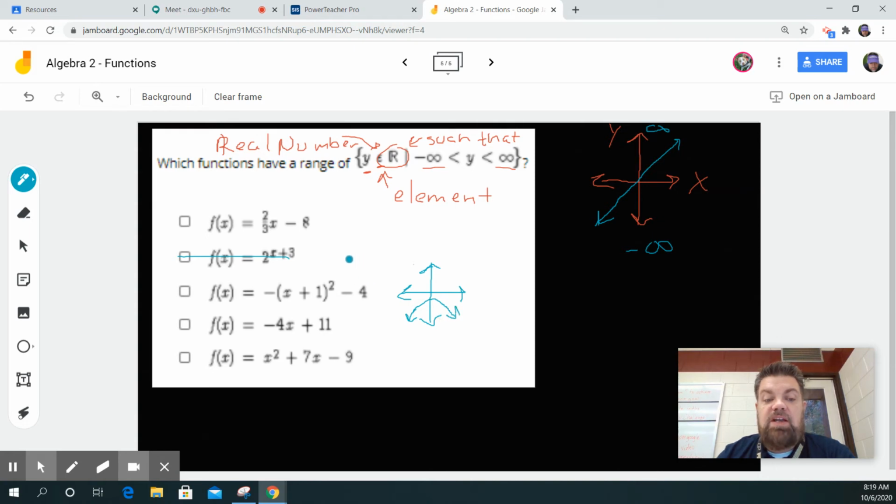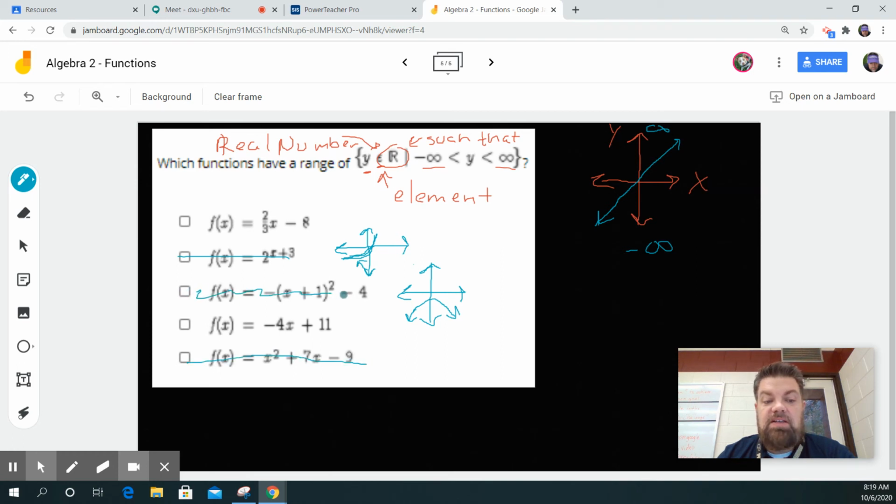This is an exponential, so it'll probably graph up like this. So there's a lower boundary where it stops, right? So if I were to draw this on the xy plane, this is the x-axis, this is the y-axis. That curve will have a boundary. It's not going to go any lower than whatever, okay? And this is a quadratic, so we can eliminate that.